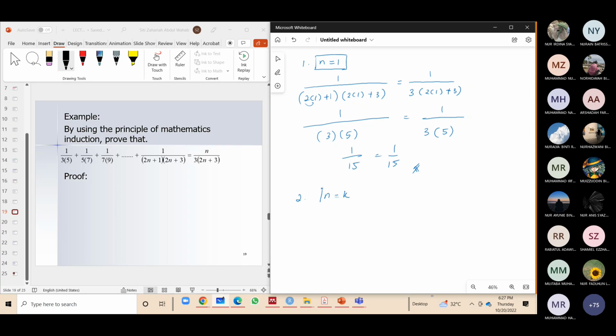And then second step is n equals to k. Substitute k into n. So our equation will be 1 over 3 times 5 plus 1 over 5 times 7 plus 1 over 7 times 9 plus 1 over 2k plus 1, 2k plus 3 equals to k over 3, 2k plus 3.